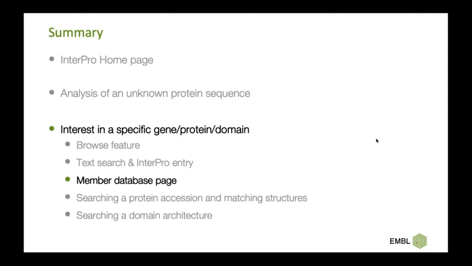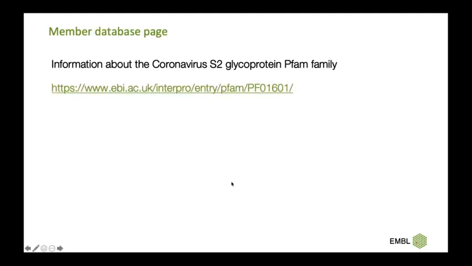Let's now imagine you are interested in a particular member database signature and you want more information about it. This is possible by accessing the member database page in the InterPro website. I have chosen to look at the example of the coronavirus S2 glycoprotein Pfam family.